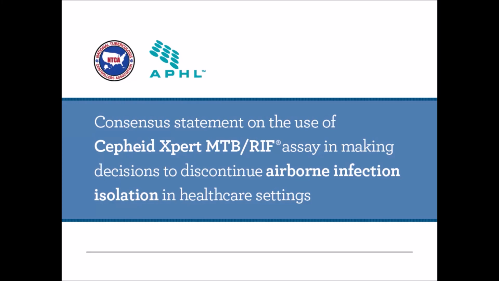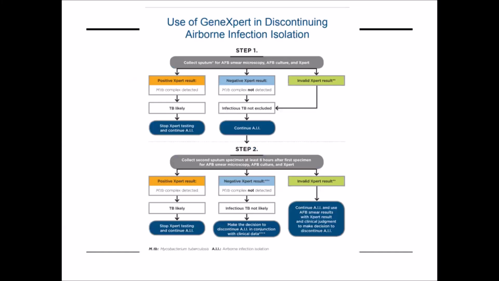the hospital. And this looks like a somewhat complicated algorithm, but basically, if you're going to get sputum, you want 2 negative NATs to say the patient clearly does not have tuberculosis. The reason why you want to do 2 in the hospital is you don't want to release this patient from isolation too soon and potentially expose other people.